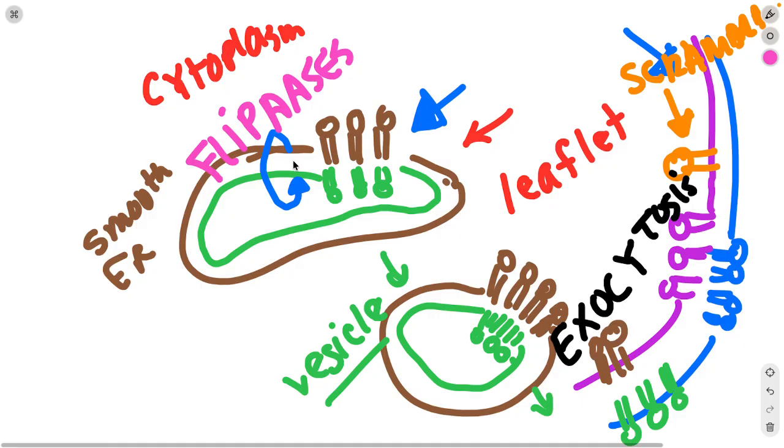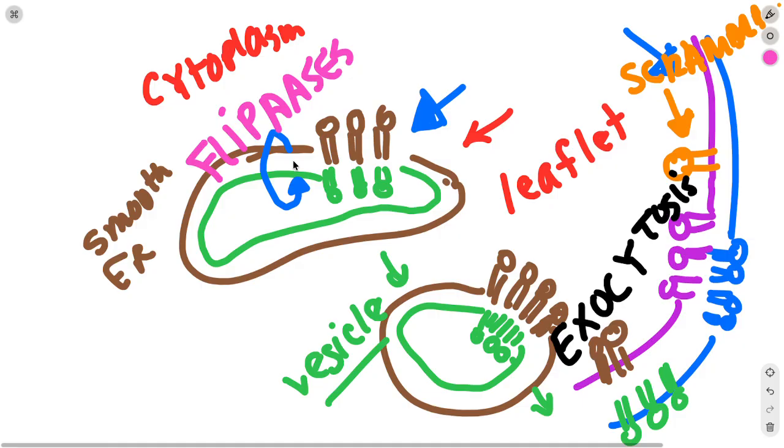And it turns out that there are a bunch of proteins that do these jobs because they're pretty much phospholipid specific. Like, scramblase is going to flip phosphatidylserine. And that's true here. There's a family of these and other proteins. But we'll just learn that word flipase. And we'll keep it simple and say we find flipases in the smooth ER.